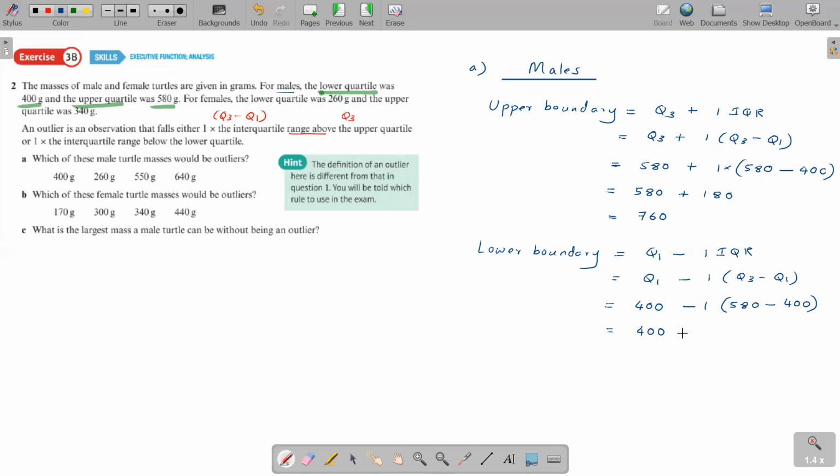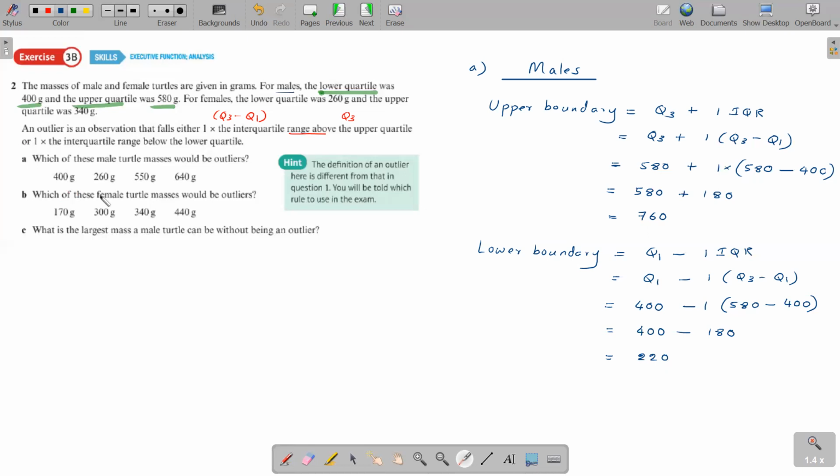So 400 minus (580 minus 400), which is 180 again, right? So 400 minus 180 is 220. So the lower boundary is 220. Remember, any value below the lower boundary will be an outlier. Okay, so now all you have to do is test these data points. So look at the data points.